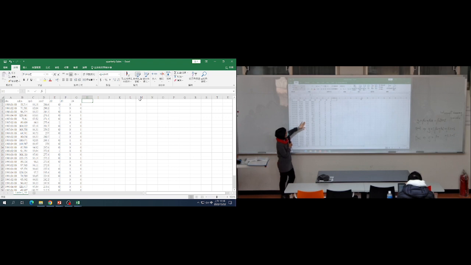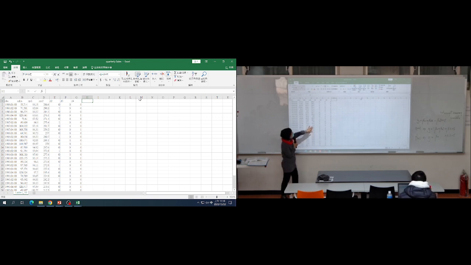And we have two X variables. One is real personal disposable income, and the other is the confidence numbers.